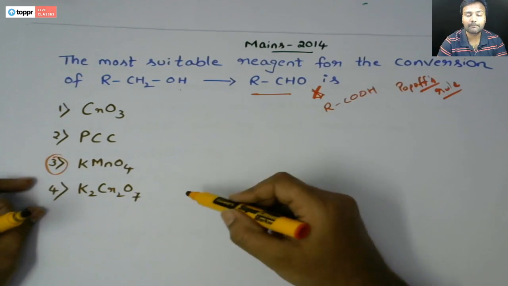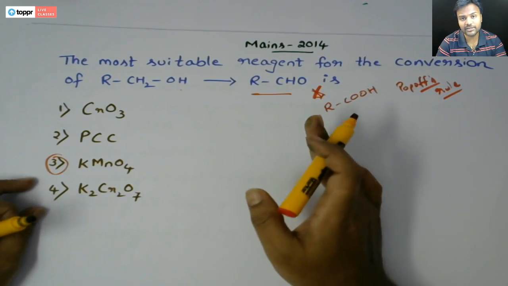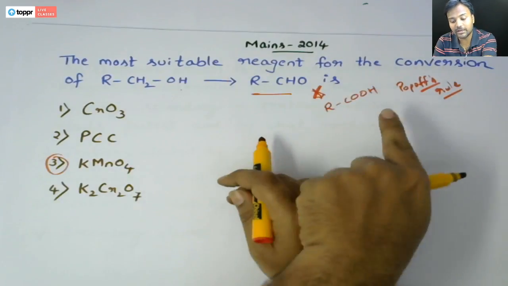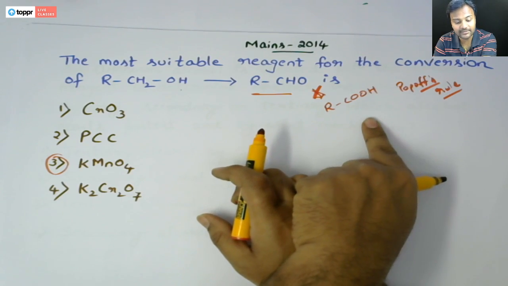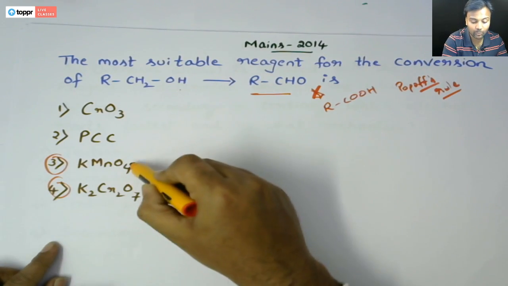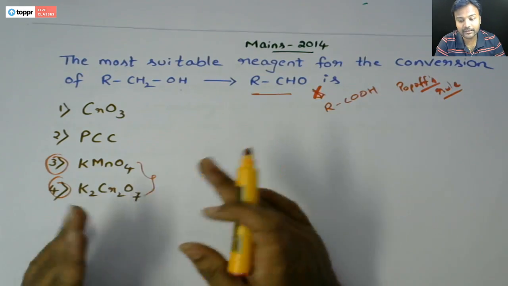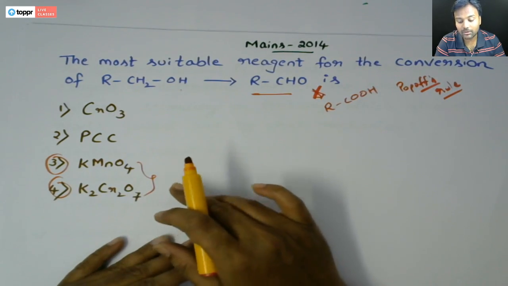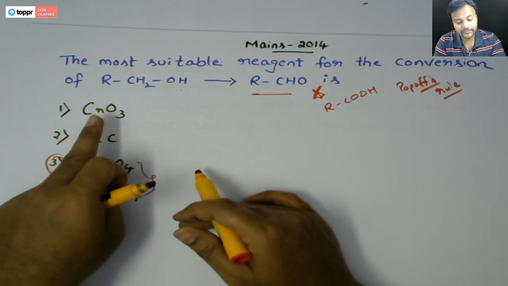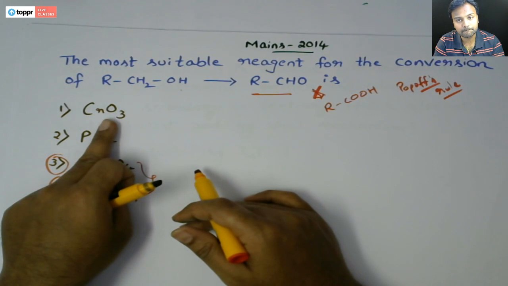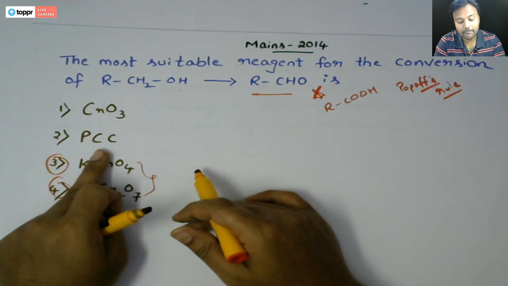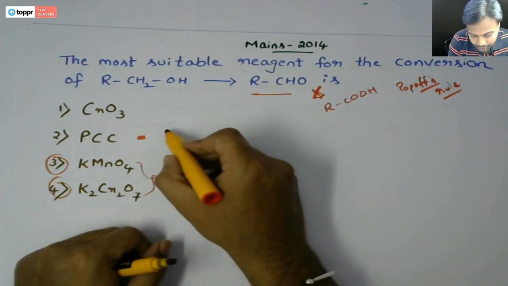Potassium permanganate is a very powerful oxidizing reagent where alcohols can be converted directly to carboxylic acids. Potassium dichromate equally, they both are equivalents. Even potassium dichromate can directly convert alcohols to carboxylic acids. Even chromium trioxide, usually chromic acid. But PCC, what is PCC? Any idea?